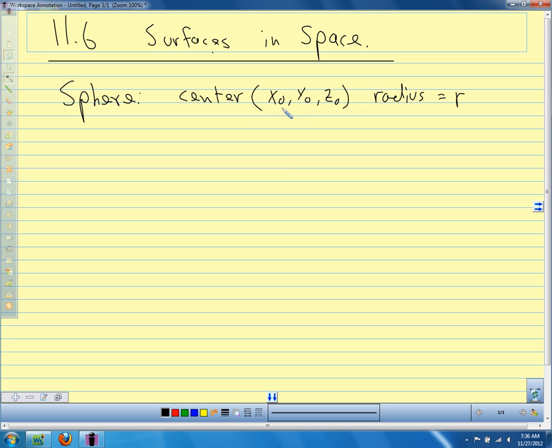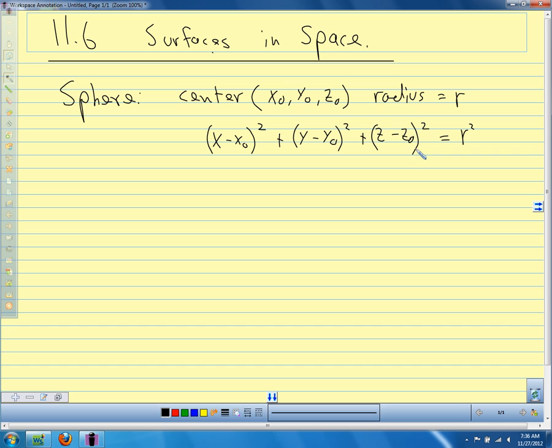So if our center is at x0, y0, z0, some point, we're shifting our sphere. X minus x0 squared plus y minus y0 squared plus z minus z0 squared equals r squared. So this is our standard equation for a sphere with a center at x0, y0, z0.